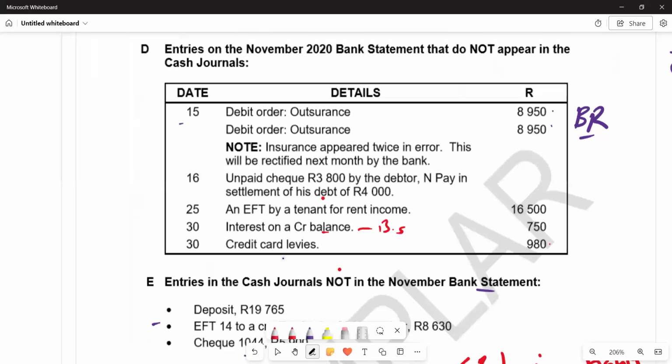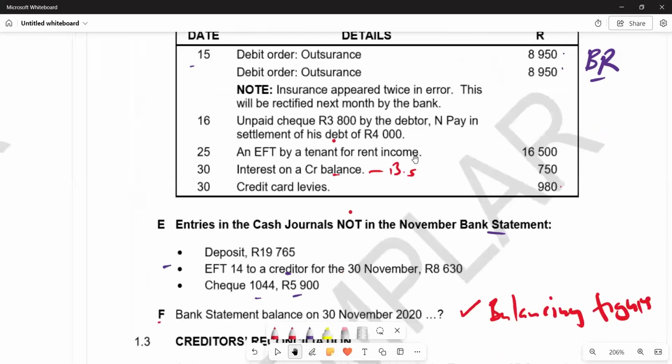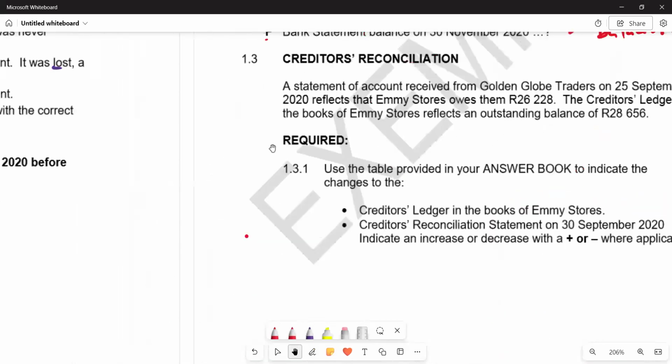So by removing it, remember we put it on the credit side. So we are going to put it on the credit side, and we are going to give a description that it's a credit correction on debit order. It's a debit order that we are correcting there. And we've got 8,950. So we go and put it to the credit side. So we are here.